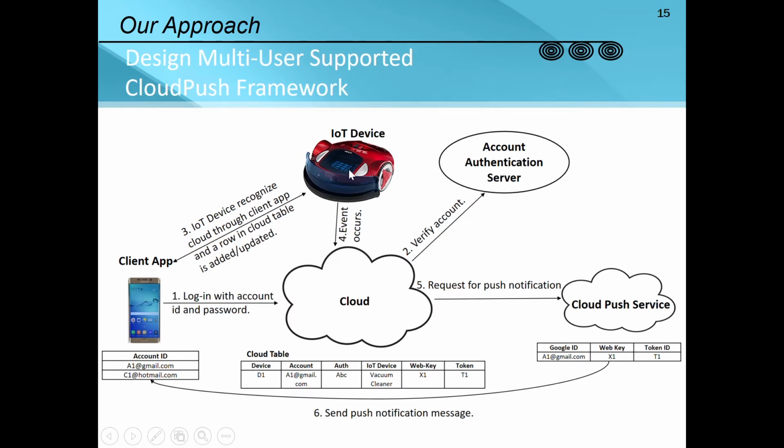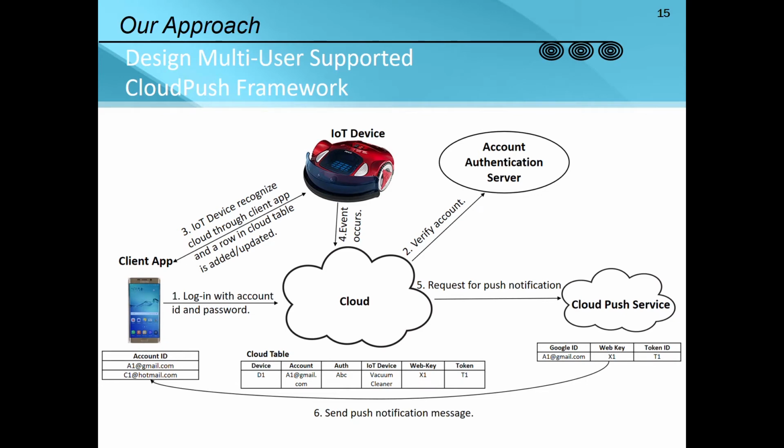The IoT device mainly generates events to inform the corresponding client mobile device through the cloud. Notification message parameters are the unique identifiers of the client and IoT device, then the timestamp.